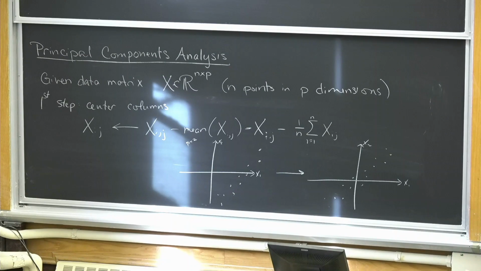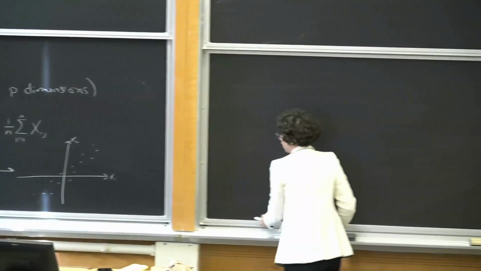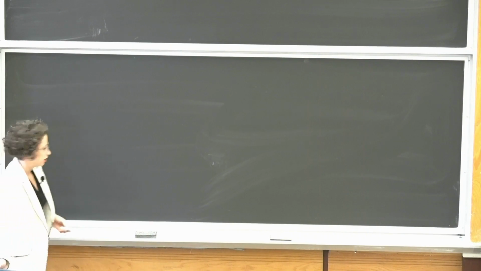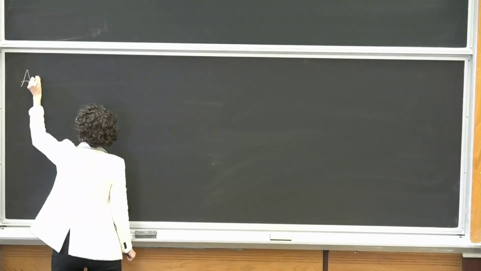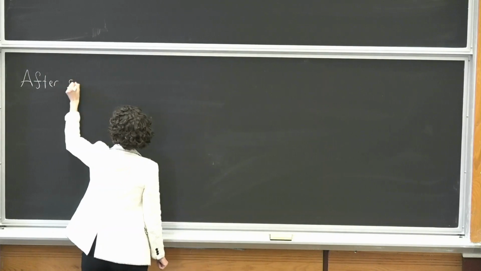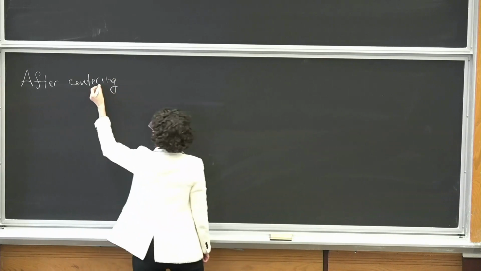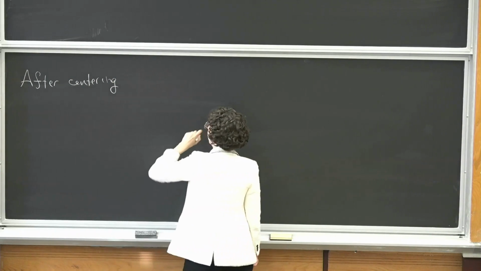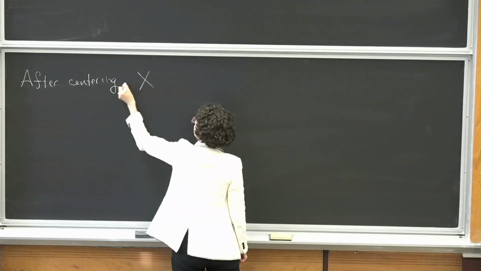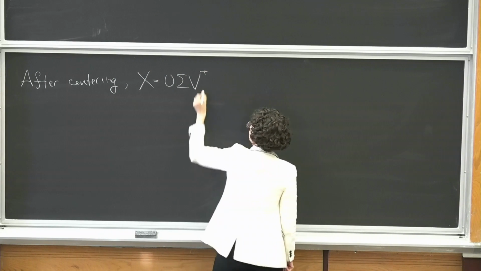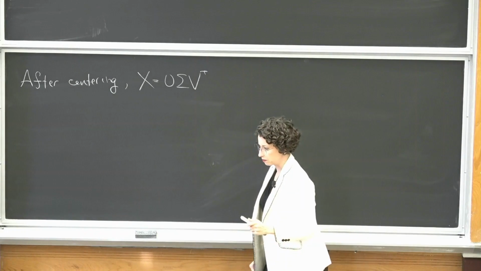Once we've done that centering, all that's really left with PCA is to compute the SVD. So after centering, I'm just going to call my new centered matrix X. I compute the SVD, X equals U sigma V transpose.